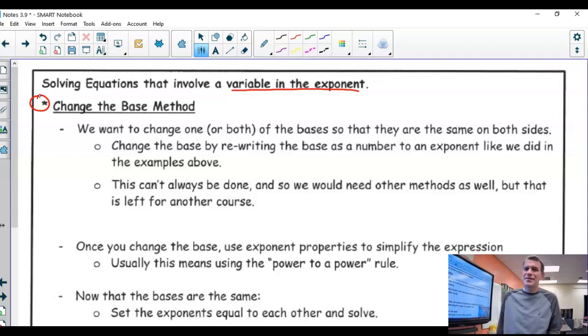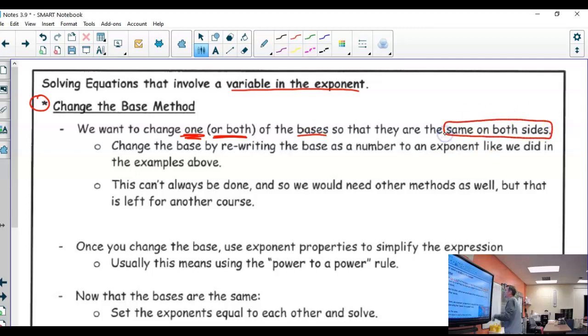This is one method you can use to solve an equation where there are variables in the exponent. And the way you want to do this is you want to change one or both of the bases so that they are the same on both sides.